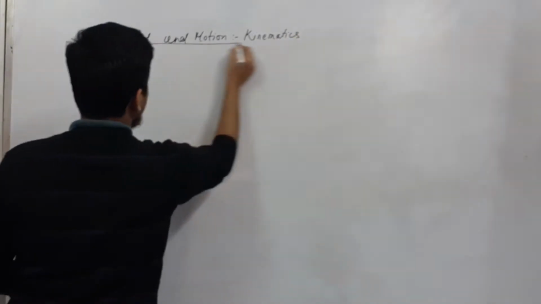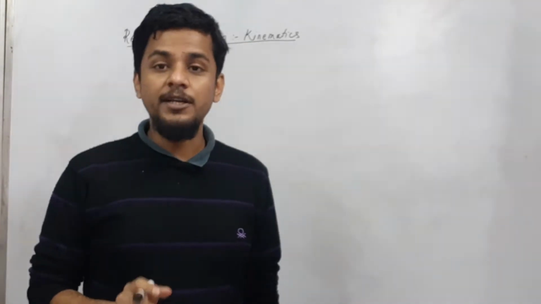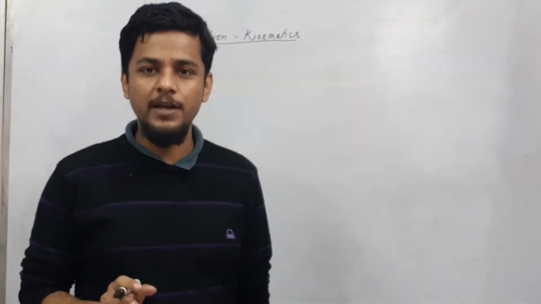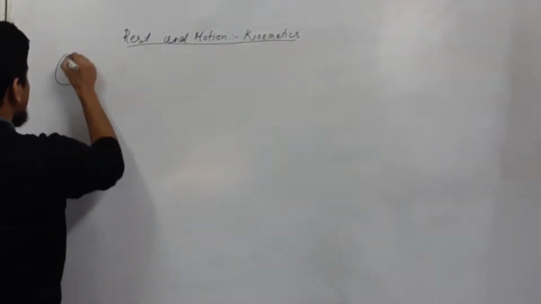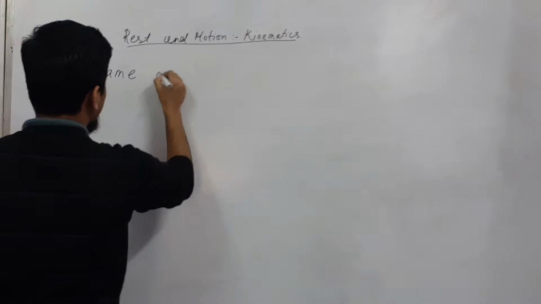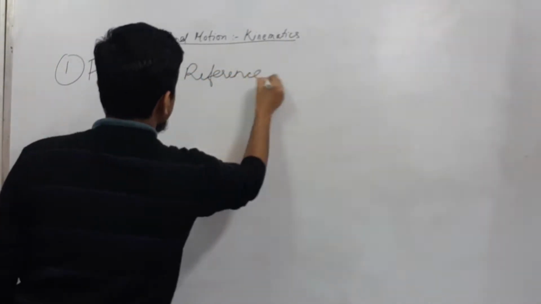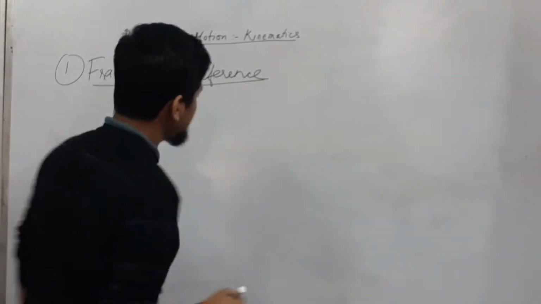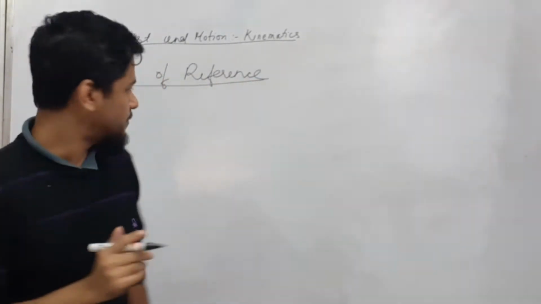Before we get into the topic, we need to understand an important concept of physics, which is known as the frame of reference. The first concept that we need to keep in mind is the frame of reference. Frame of reference is very important to understand if an object is at rest or in motion.